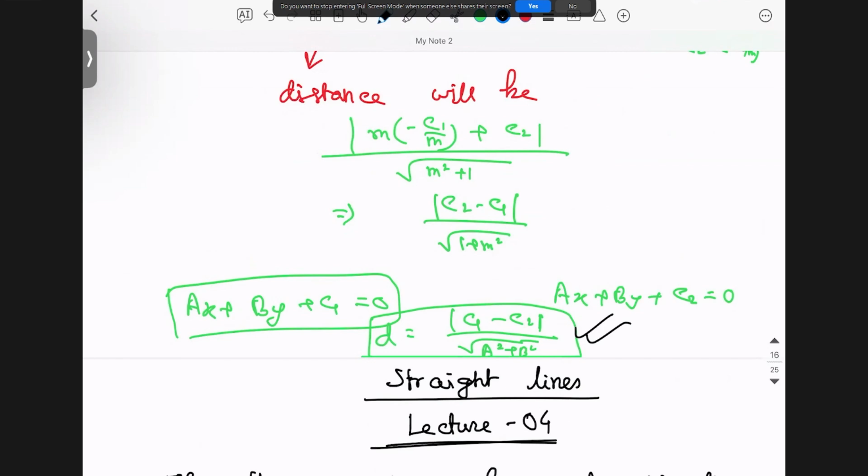Even if the values of a and b are the same but the signs are different, that can also matter when checking whether the two lines are parallel or not. So it will be better to write it in the form y equals mx plus c, so that you are clear from the value of m that the slopes of the two straight lines are equal. Therefore, they should be parallel. From there, you can use this formula to get the answer. This will be more convenient. Otherwise, one can use the other one.